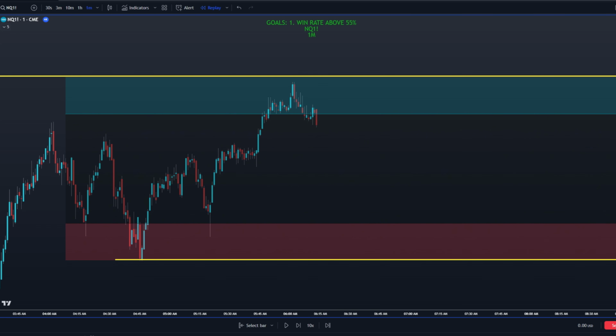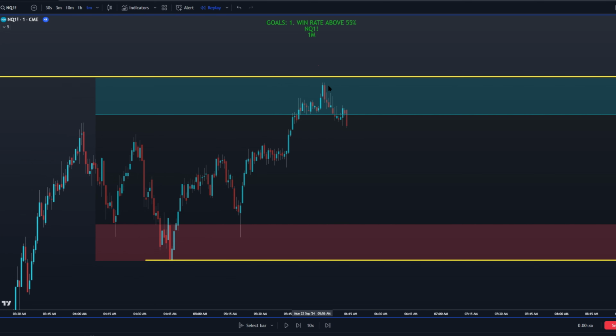So for me, this right here would signal that price is not going to be taking out that high anytime soon. And then now you can trust that this high is not going to be taken out within at least one test. Sometimes after it's been tested a few times on a lower time frame, it will break. But for right now, this is perfect.